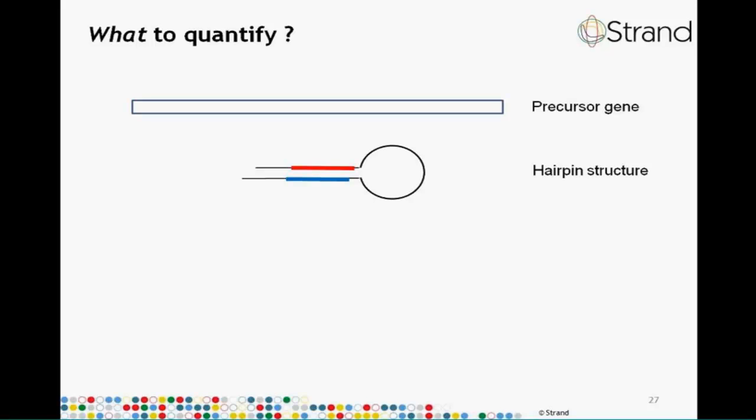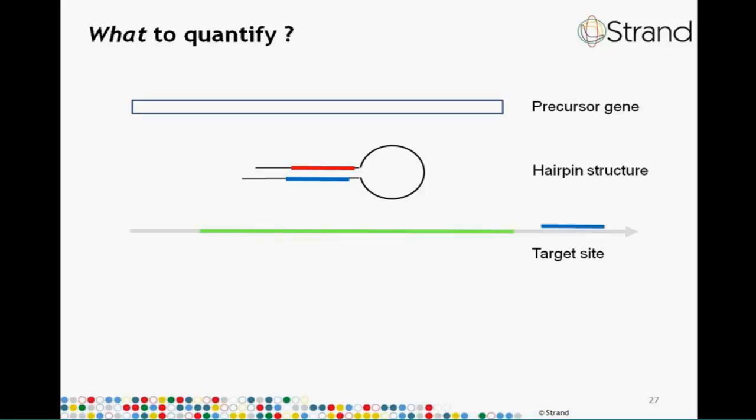Once the Dicer enzyme cuts away the loop, one strand of the duplex participates in mRNA silencing as part of the RISC complex. In this particular case, the duplex structure consisted of the red and the blue stretches of the hairpin, and the blue stretch has been shown as participating in the targeting of a mRNA molecule.